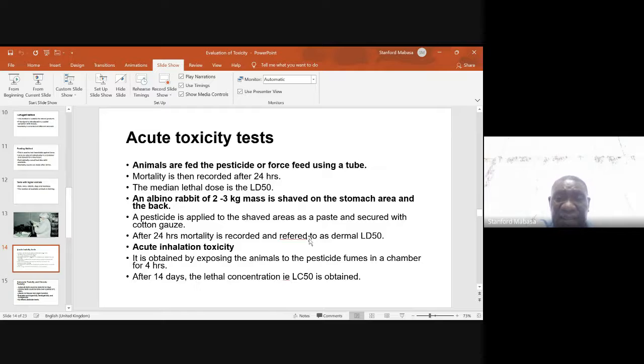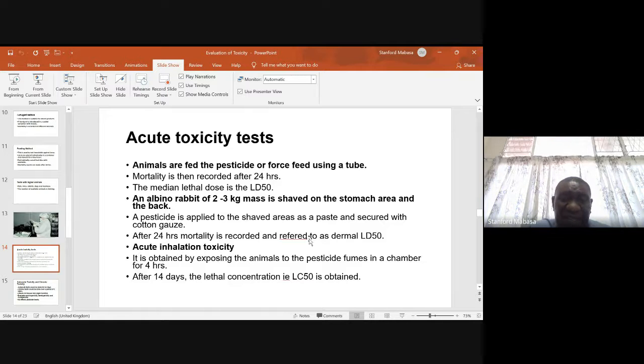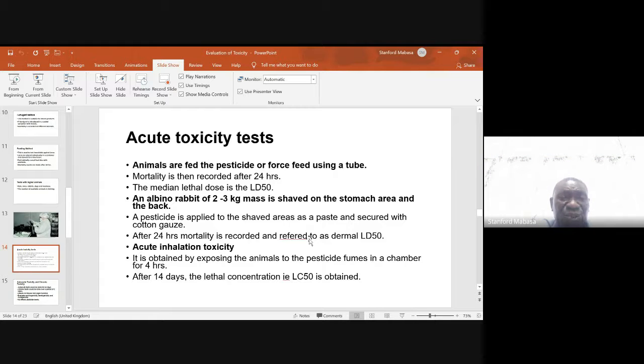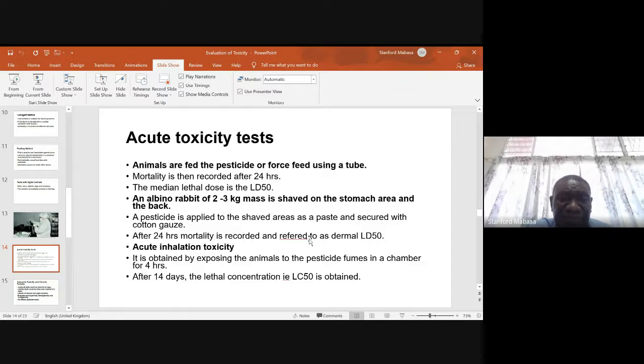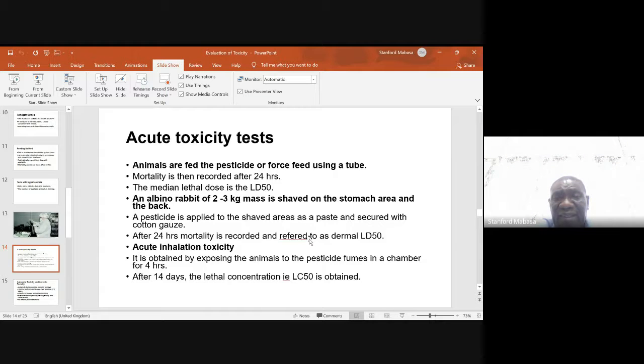Now, the other test which can be done is to use an albino rabbit, which is about 2 to 3 kgs mass. This albino rabbit can be shaved on the stomach area and on its back. Then you apply the pesticide on the shaved areas as a paste, and this is secured with cotton gauze.